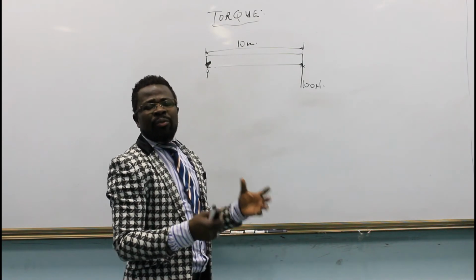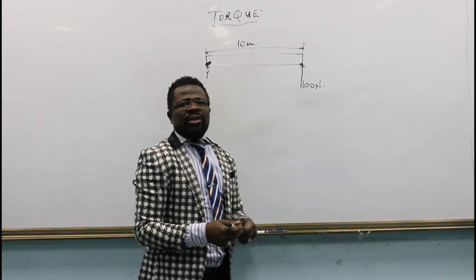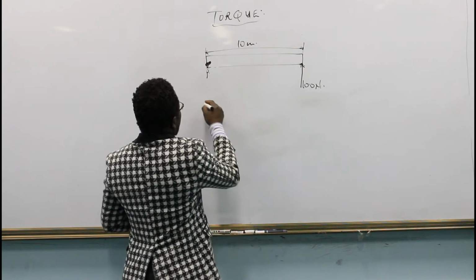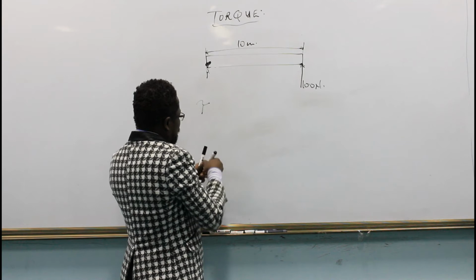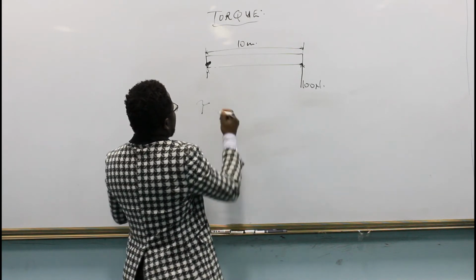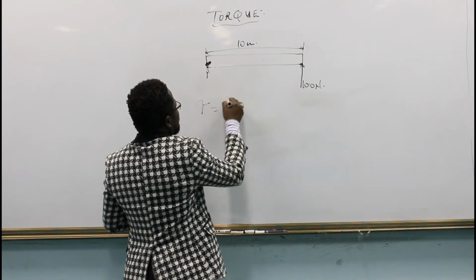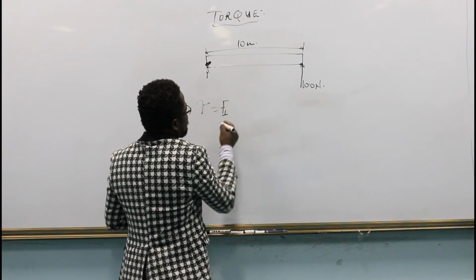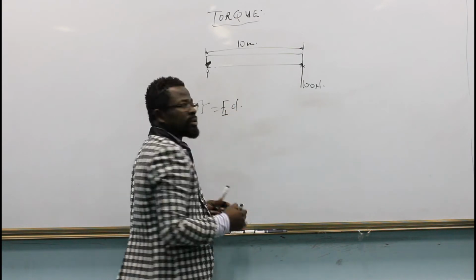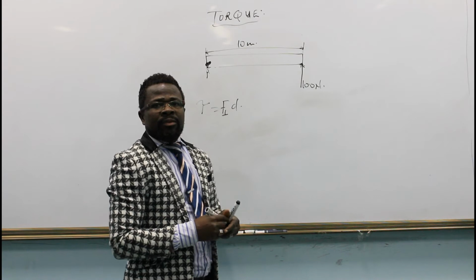To find the torque, we state the formula. Torque is simply equal to the perpendicular force multiplied by the lever arm.